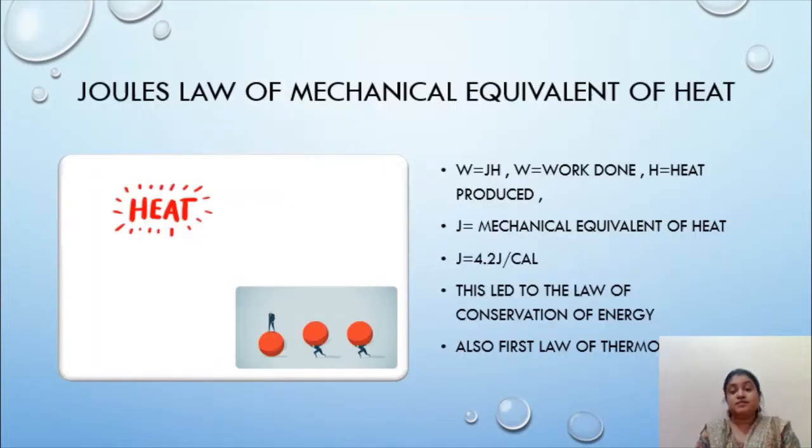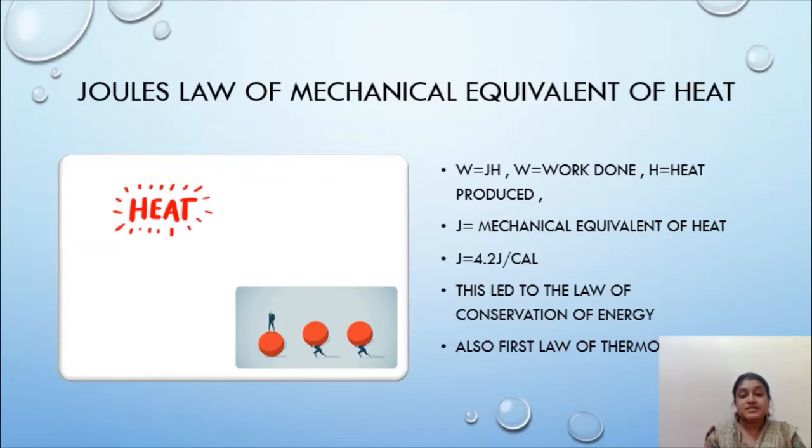Now look at Joule's first law, or you can say that it's not Joule's first law, but Joule's law of mechanical equivalent of heat. This particular law says that heat would be transferred as work, or heat would be conserved as work, or work can be calculated as an amount of heat energy.